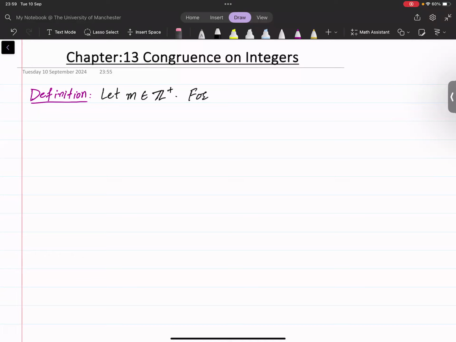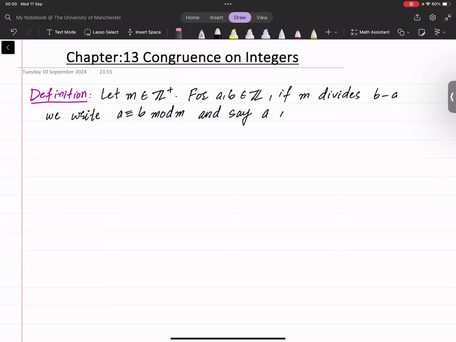Then for a, b integers, if m divides b minus a, we write a is congruent to b mod m, and say a is congruent to b modulo m.